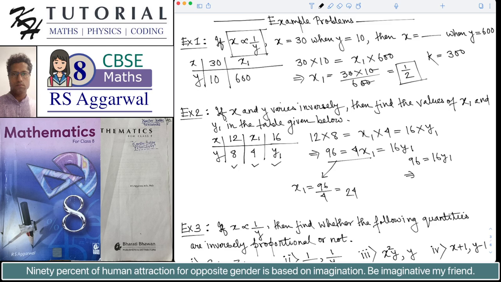From here we can find the value of y1 to be 96 divided by 16, which is equal to 6. So we have found the values: x1 is 24 and y1 is 6.